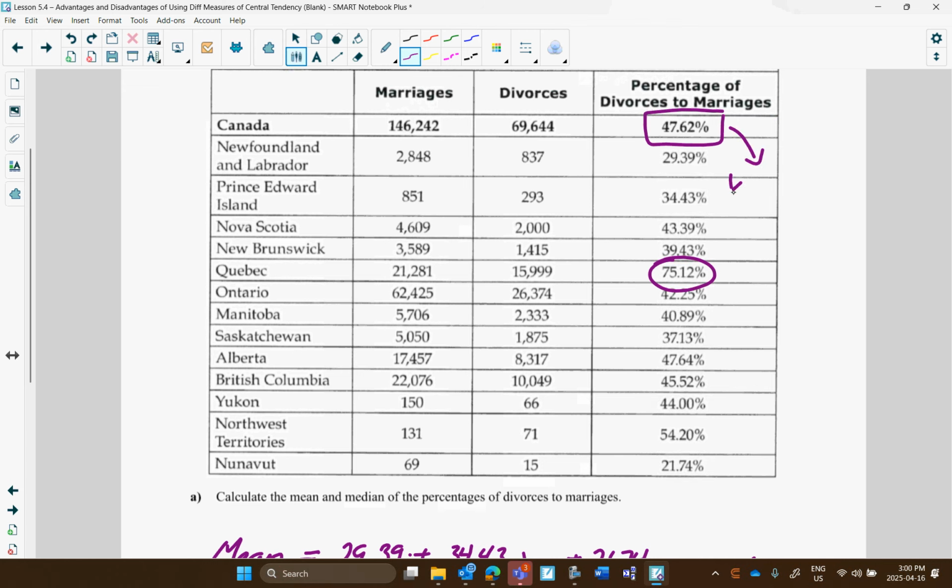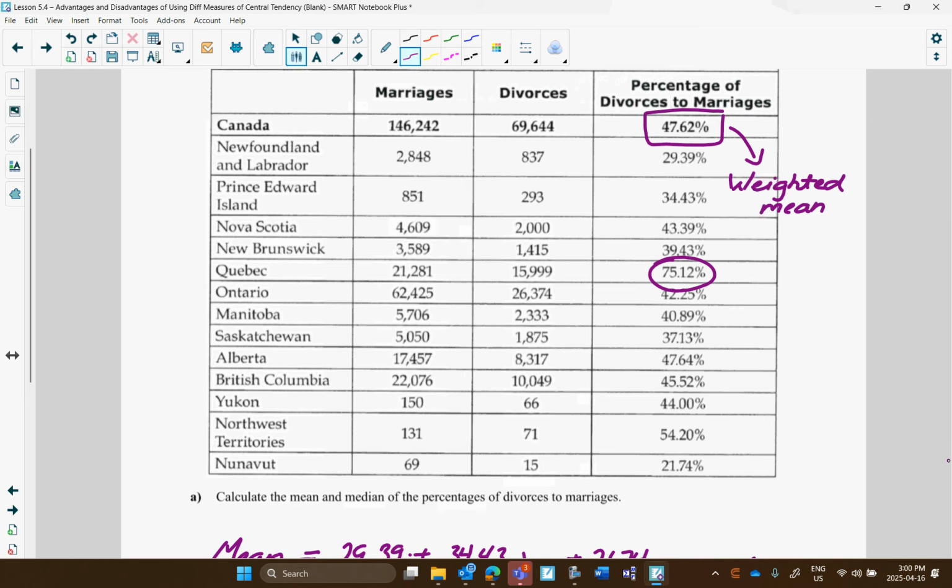This is the weighted mean. So how would we calculate that? Well, we would have to do the percentages times the number, add all those up and divide by how many weights there are.